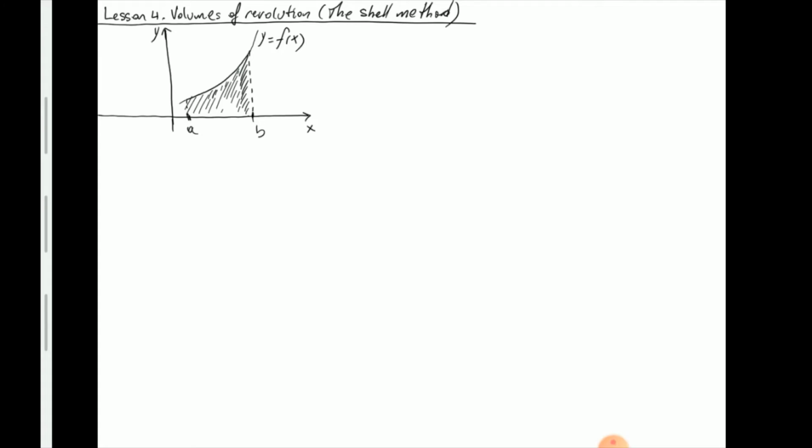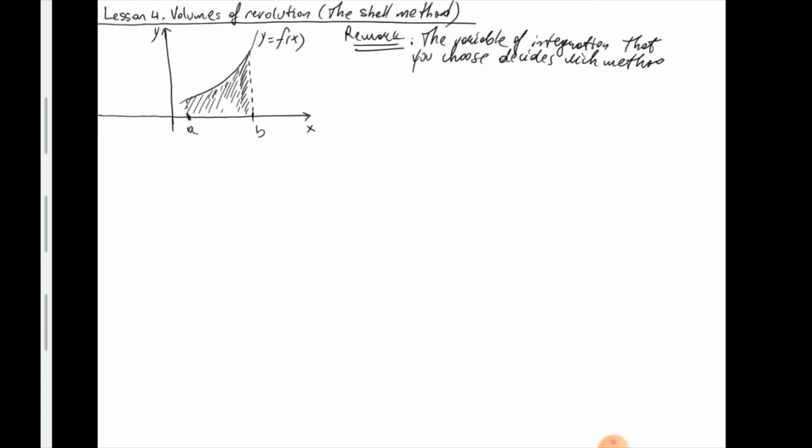So in fact, let's write it down as a remark in anticipation of this important aspect. The variable of integration that you choose decides which method, washer or shell method, or slicing or shell method, you will use.